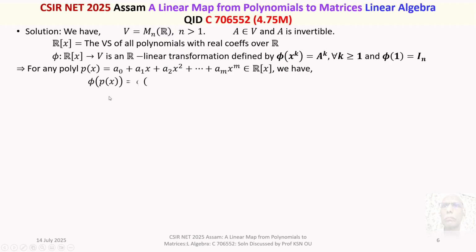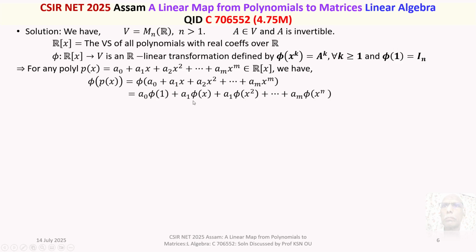we have phi of p(x) is equal to a0 times phi of 1 plus a1 times phi of x plus a2 times phi of x^2 plus so on and so forth, am times phi of x^m. Why?